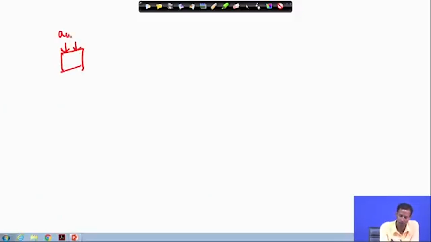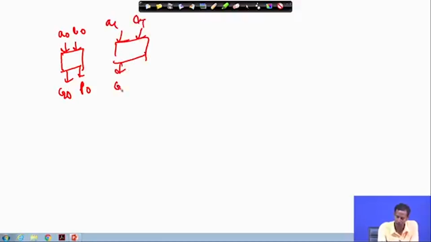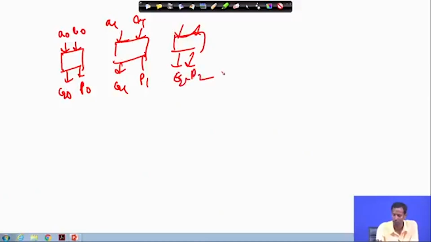For A0 and B0 we are generating two terms, G0 and P0. For A1 and B1 we are generating G1 and P1. For each of these stages we have already generated the corresponding G2 and P2.